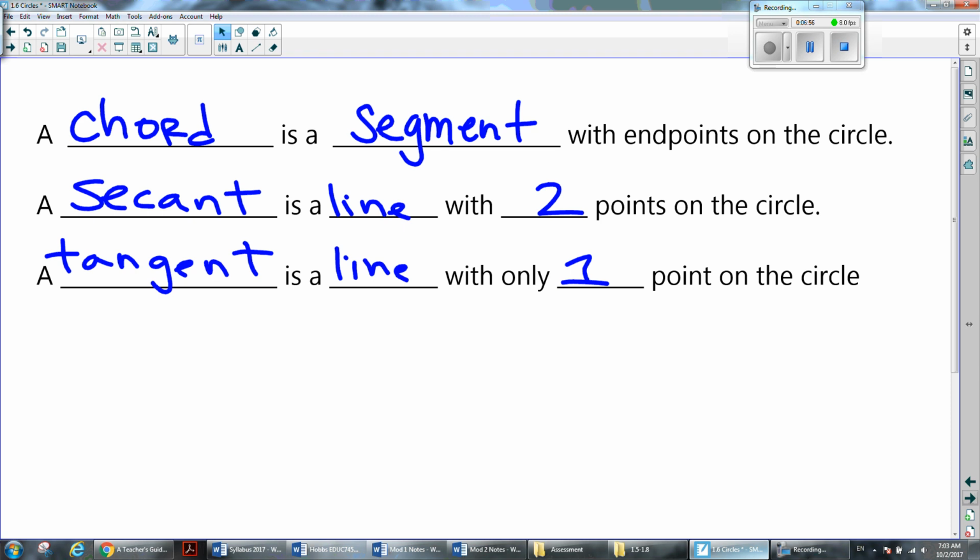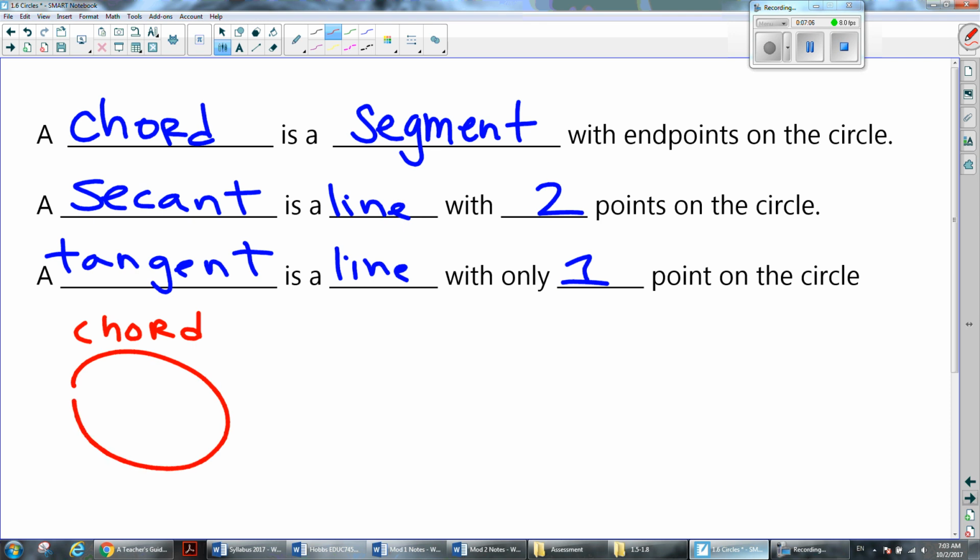Okay. A chord is a segment with endpoints on the circle. So I'm going to sketch out a picture, squeeze it in there if there's room. A secant is a line with 2 points on the circle.